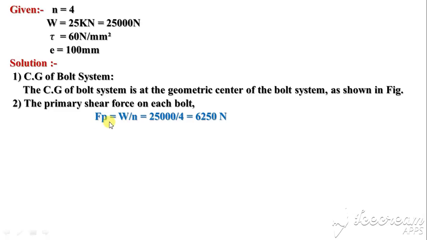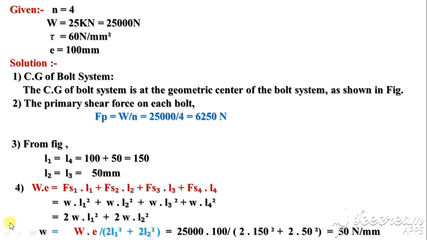So Fp1 is equal to Fp2 and so on. So Fp is the total load W divided by the number of bolts, while as discussed, for bolts 1 and 4 the distance is 150, and for 2 and 3 it is 50 mm. This you can see easily from the diagram.